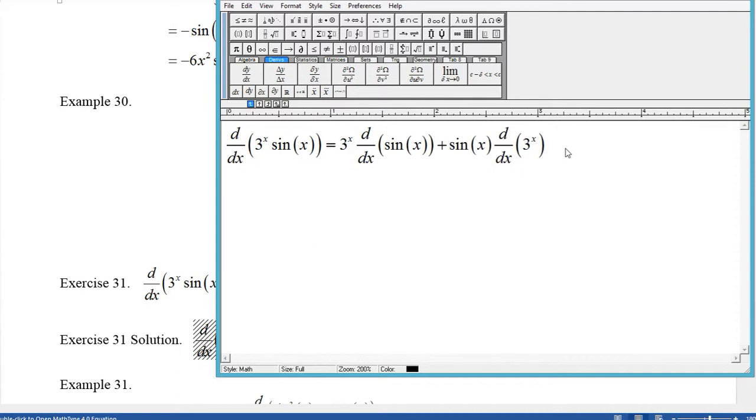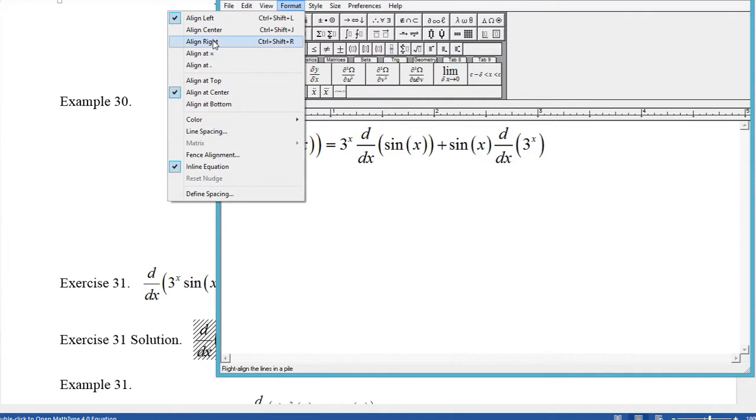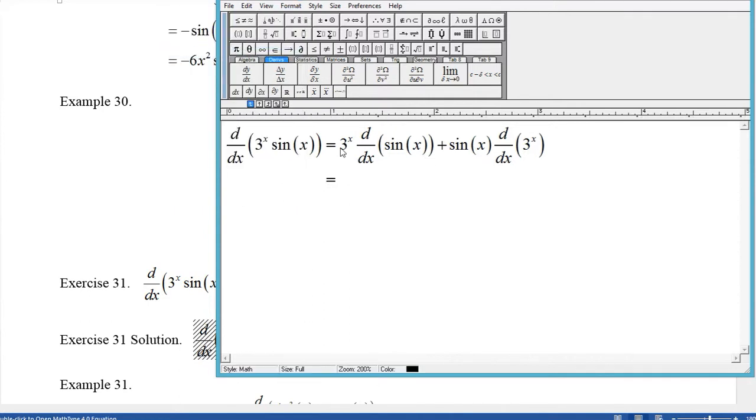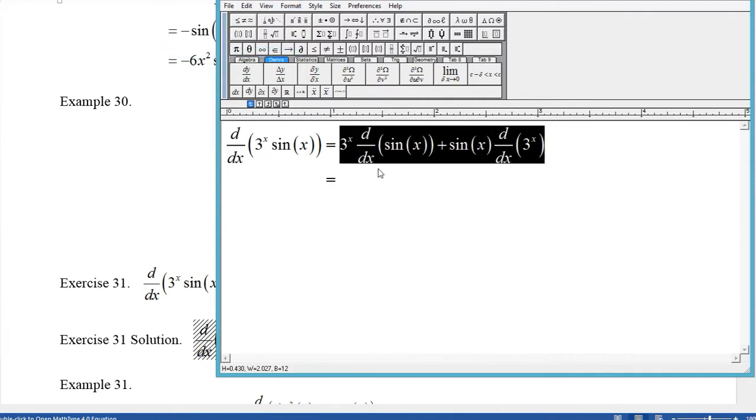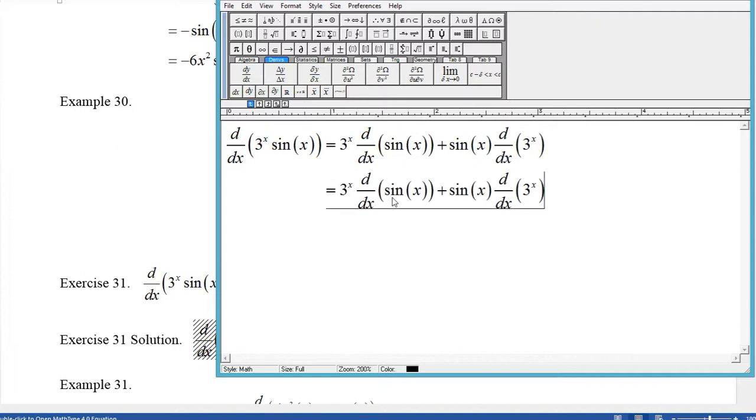There we go. That's the product rule. And then from here, we can simplify a little bit. Or we can take these derivatives. Derivative of sine x is cosine x.